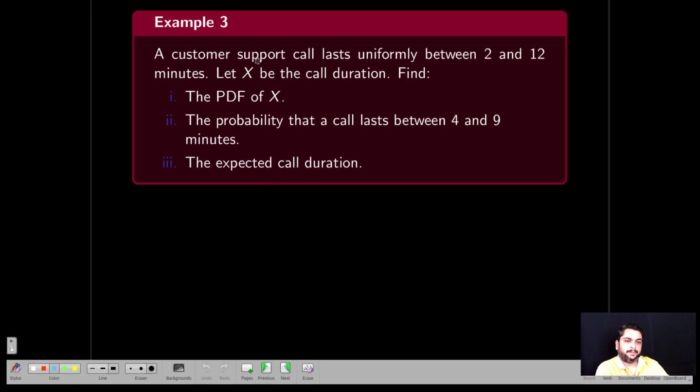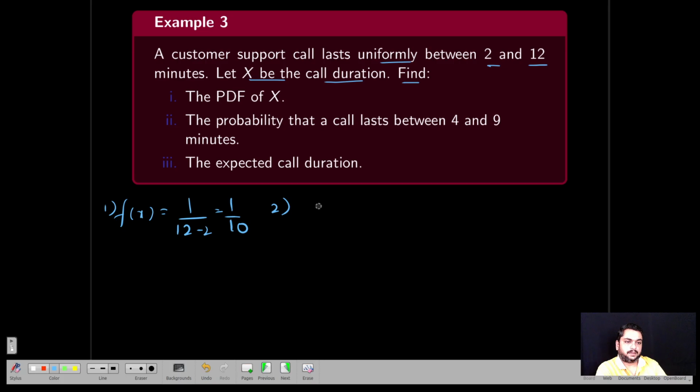Next, a customer support call lasts uniformly between 2 and 12 minutes. Let x be the call duration. Find the PDF of x. So f of x equal to 1 by (12 minus 2), which is 1 by 10.